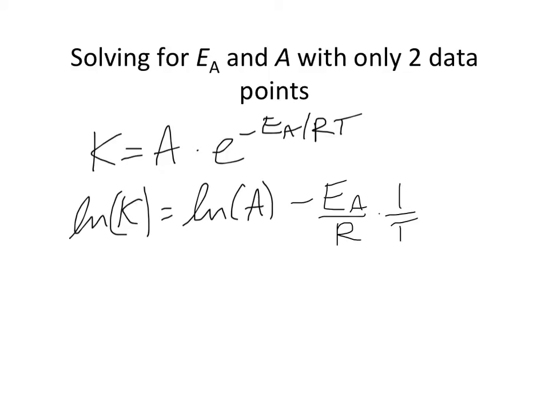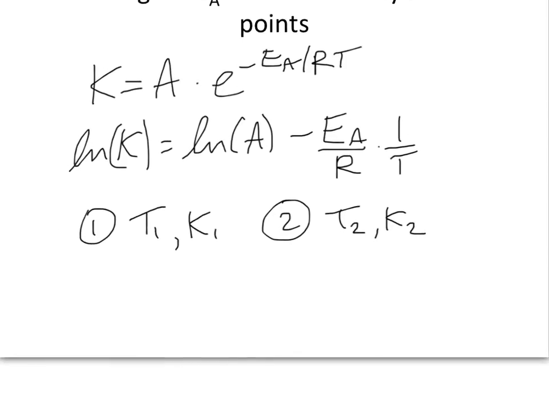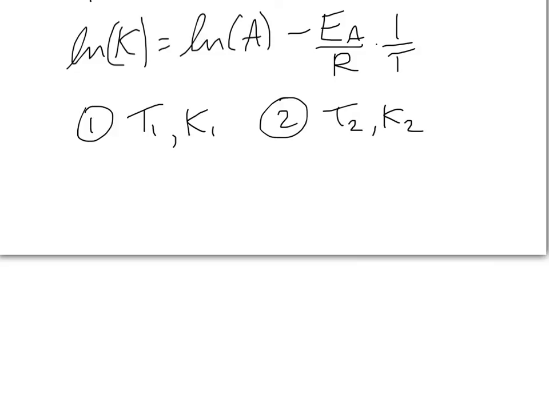Let's say we've got two values. So at some temperature T1, we've got a rate constant k1, and a second set of conditions at some temperature T2, we've got a rate constant k2. Now we can put these together, and we can take each term and insert them into the equation.